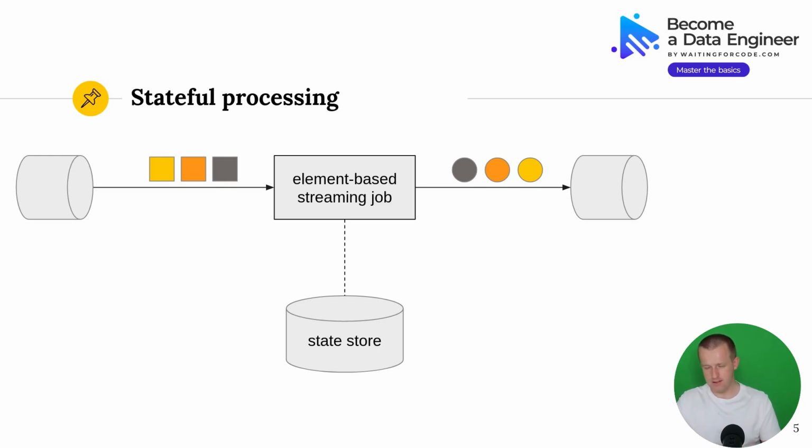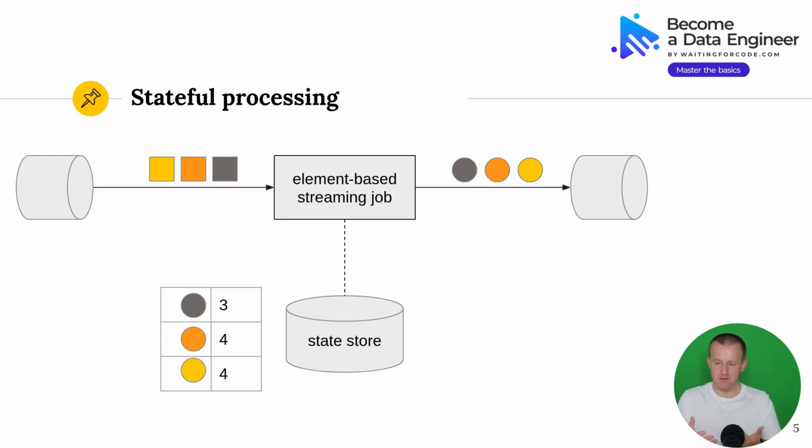So we have our simple pipeline, but we can extend it to doing some counts. We can count the number of items per color, and as you can see in the state store, we store the counter for the data processed so far. Now when we get one element of each color, we combine these input values with this state store buffer, generate another value and send it to our sink.